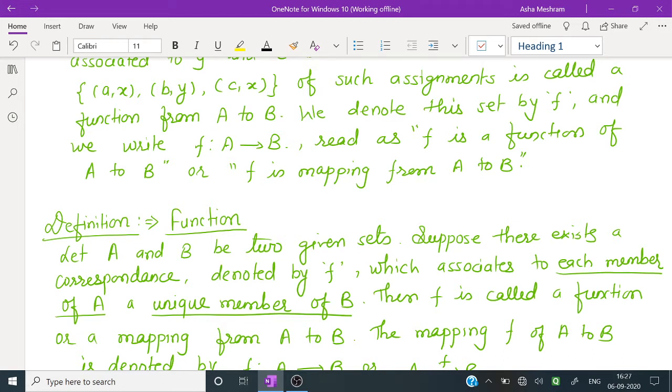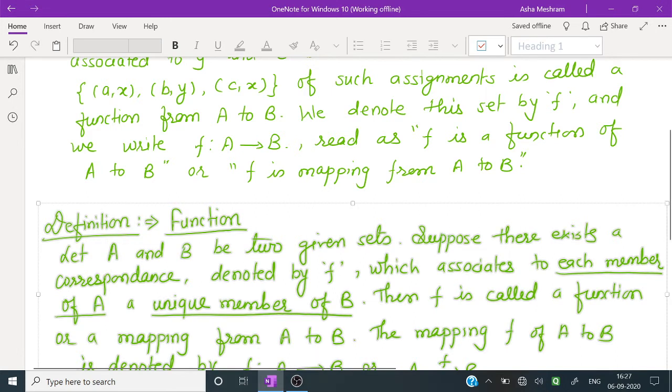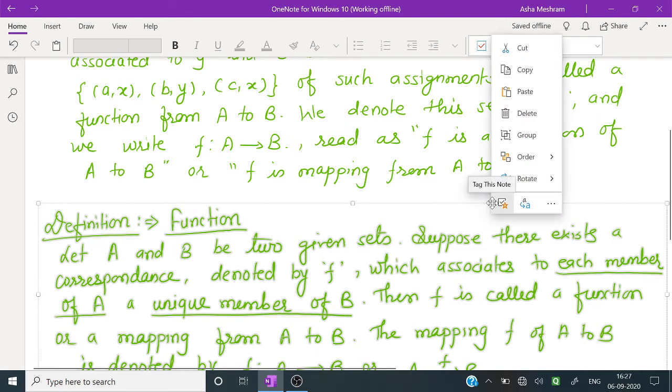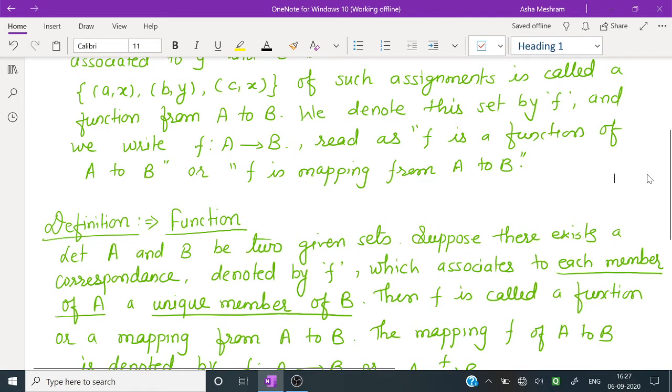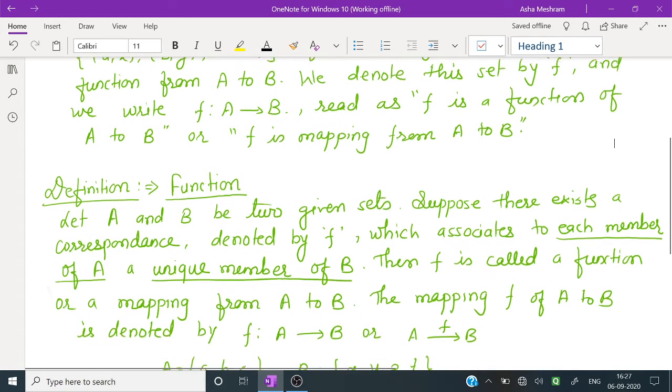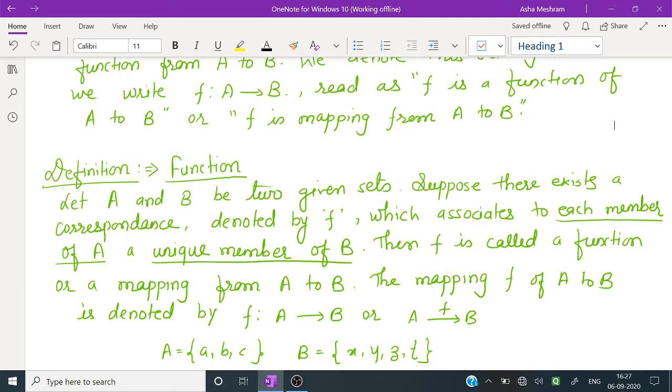Let A and B be two given sets, and suppose there exists a correspondence denoted by F, which associates to each member of A a unique member of B. This word is very important. For every element of A, there must exist a unique element in B. Then F is called a function or a mapping from A to B.